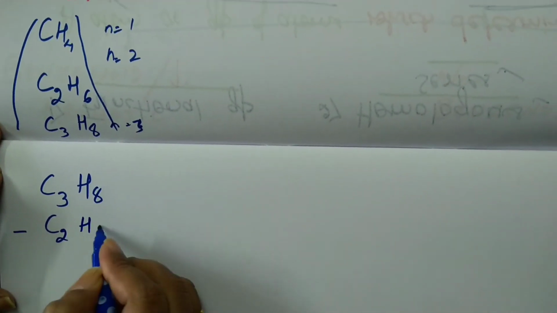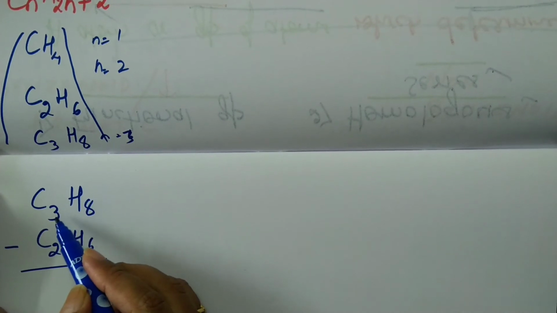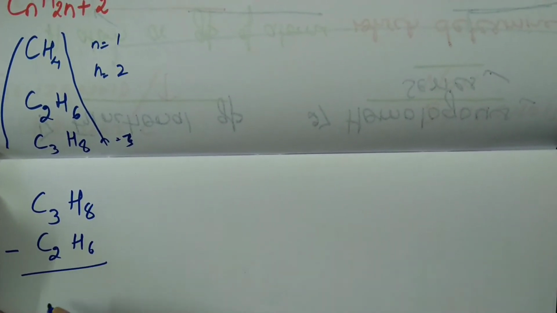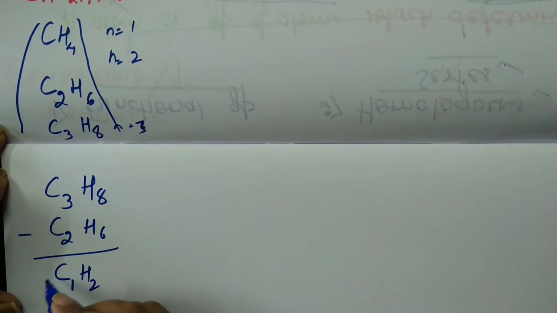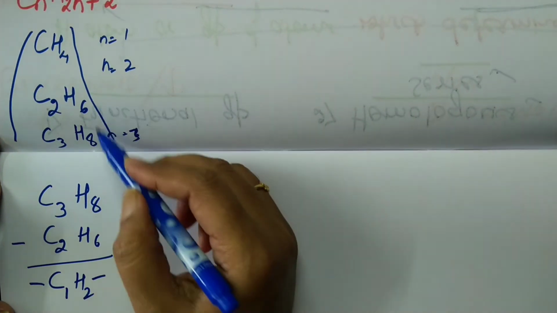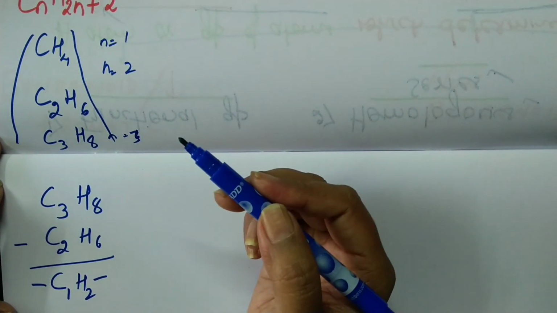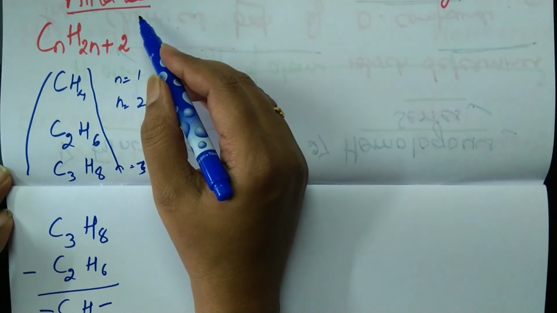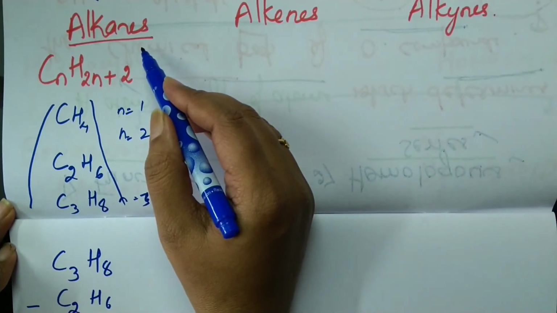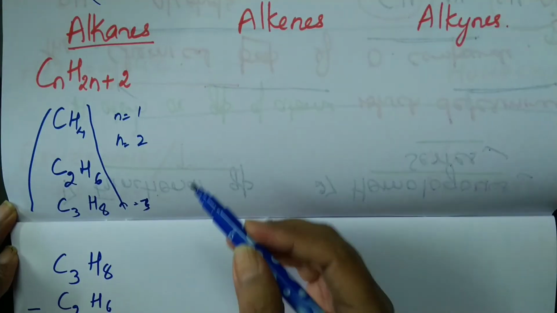Now what is the difference? Let us see here, C3H8 minus C2H6. 3 minus 2 is 1, so one carbon is remaining. 8 minus 6 is 2, so 2 hydrogen atoms are remaining. So we say they differ by a CH2 group. So alkanes are one group of molecules, and in general they are called a homologous series.